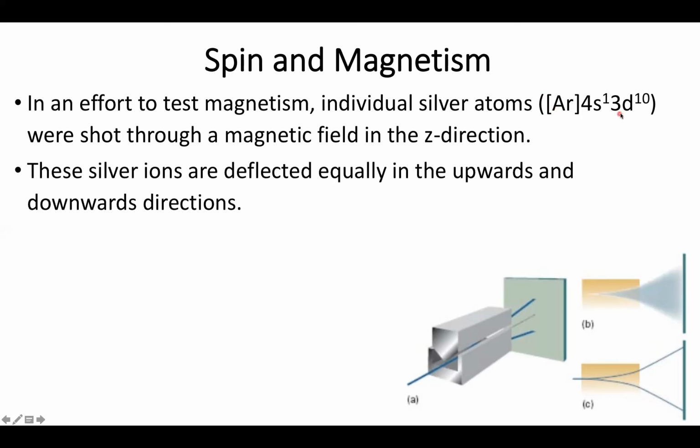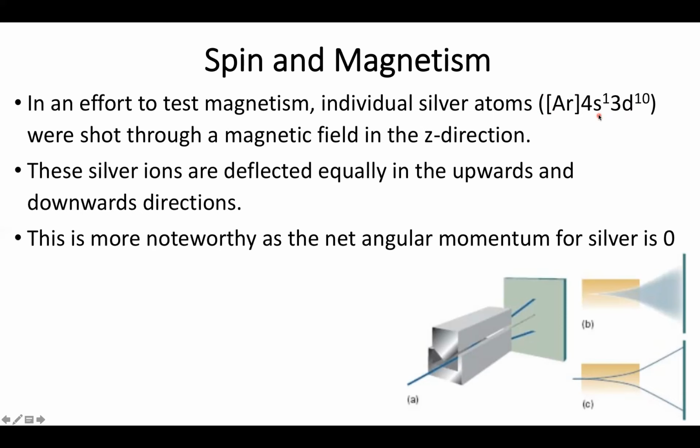And it's got a full d shell. So there's no net orbital angular momentum for the d shell either. And s orbitals, by definition, also have no net angular momentum because they have an L of 0 and an M sub L of 0. They shouldn't respond to a magnetic field.